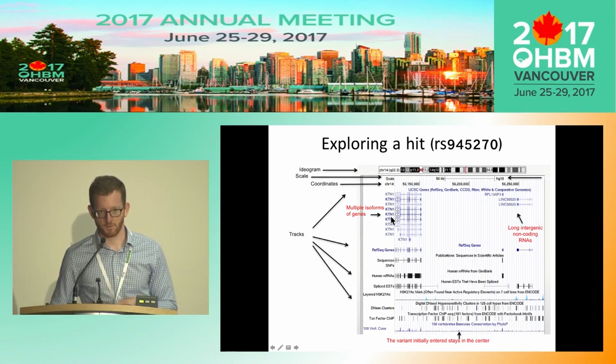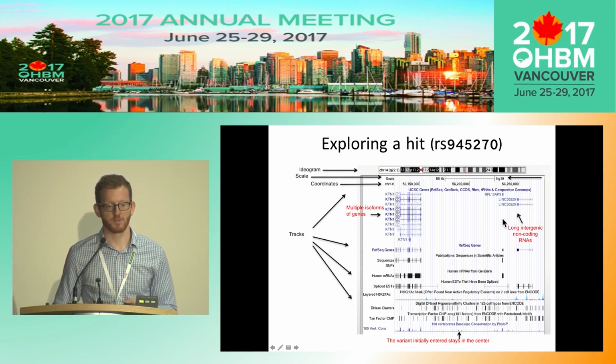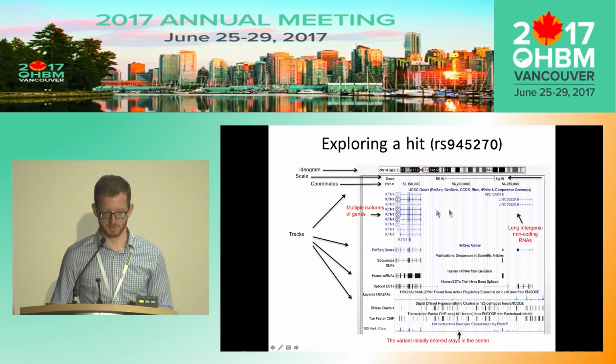And there are multiple isoforms of that gene, so multiple different forms of that gene that exist. There are also other types of genes, like long intergenic non-coding RNAs, the lincRNAs. Those do not encode for proteins, but do encode for some sort of RNA that's expressed in the genome. Many different types of RNA are expressed in the genome.